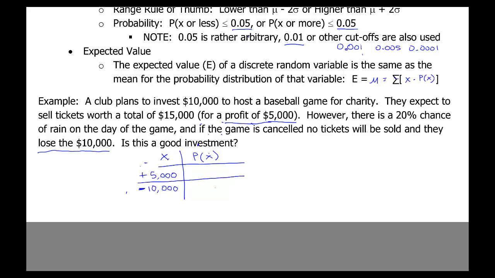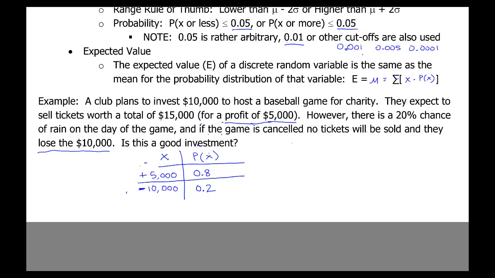We know that the probability of having a rainy day and losing $10,000 is 20%. I'm going to change that to 0.2. And since there are only two outcomes, those two outcomes need to add up to 1. So the probability of not raining, which means they would play the game and make $5,000, is going to be 0.8.